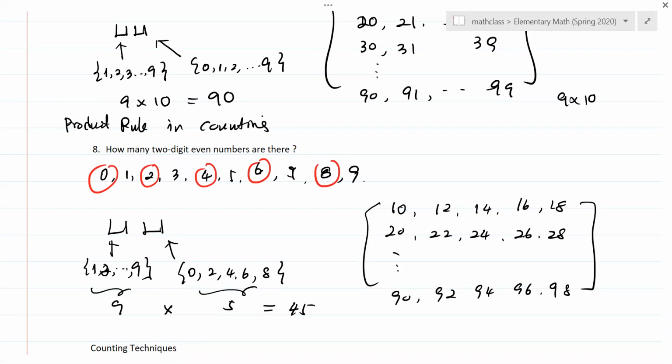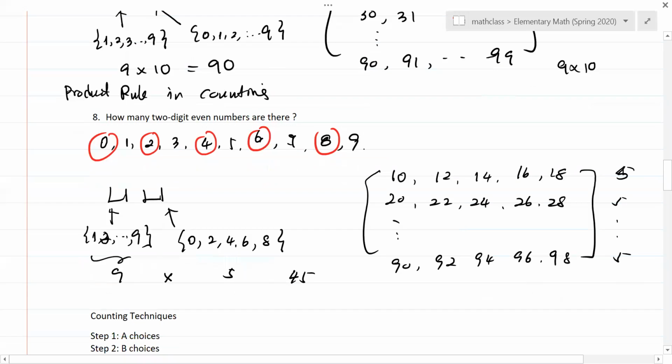When you count the total number of numbers inside the matrix, you have the number of rows times the number of columns. Why should it be the product? Because each time you have a 5, 5, 5. How many 5s are there? 9 of them. That's why it's the product.